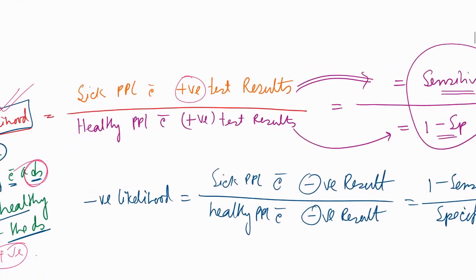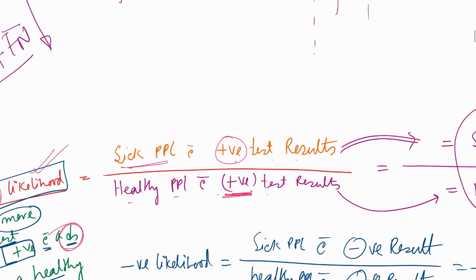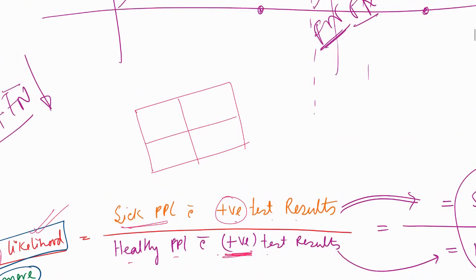Okay, so here is the formula: sick people with positive test results over healthy people with positive test results. Now let's plot sick people with positive test results in this diagram. We always put disease on the upper side and the test on the side.